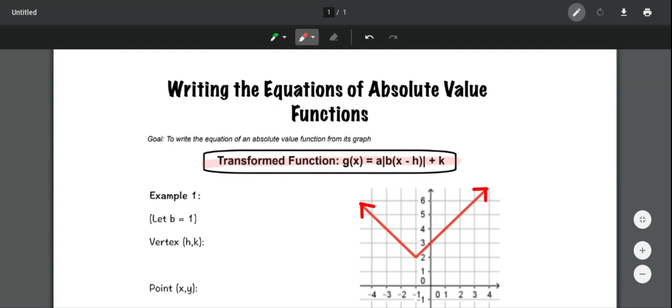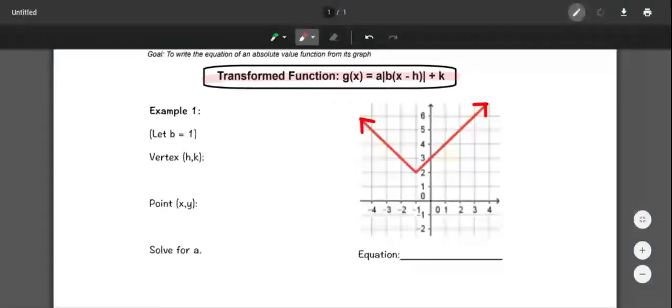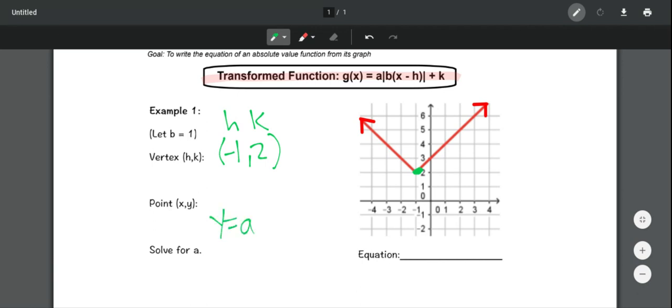So the first step is always to identify our h and k, which is going to be our vertex. So here, in this function, our h and k is at this point here, -1, 2. There's my h and there's my k. So I can go ahead and plug that into my equation.